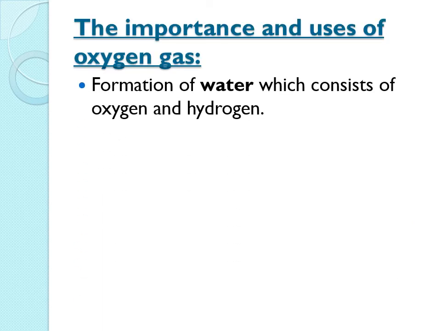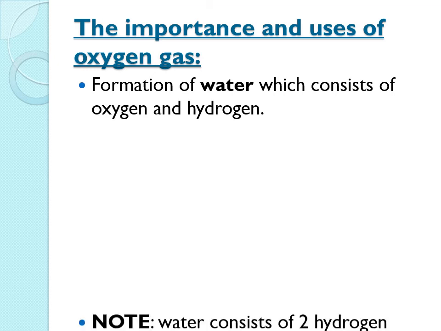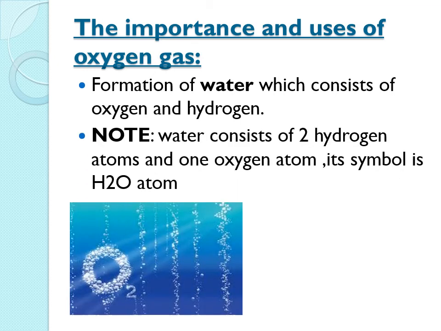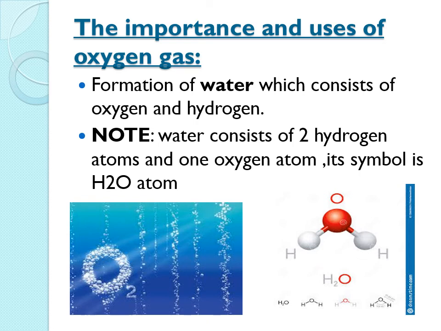Another importance of oxygen gas is the formation of water, which consists of 2 hydrogen atoms and 1 oxygen atom, and its symbol is H2O. So, oxygen is very important in formation of water.